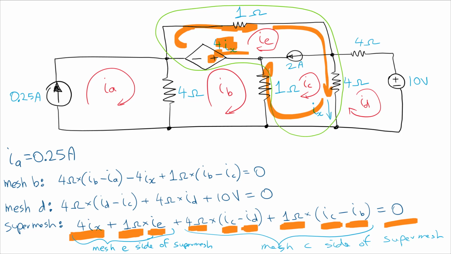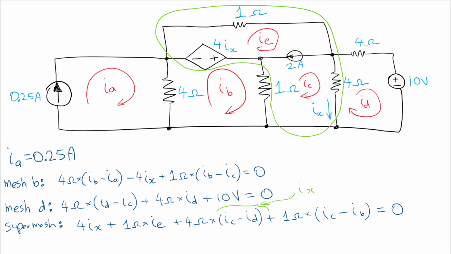So now there's one other thing that we can notice with this circuit, and that is this. We notice that IC is the branch current, and that's controlling the current controlled voltage source, okay? And that branch current has a relation between the associated mesh currents. And it's in the same direction as IC and in the opposite direction of ID. So we can notice that this term is actually IC.